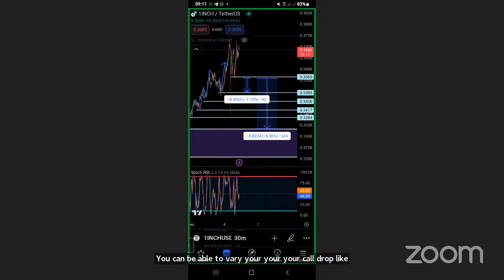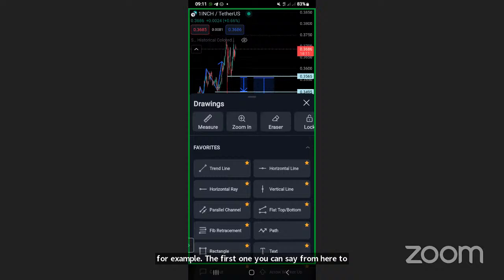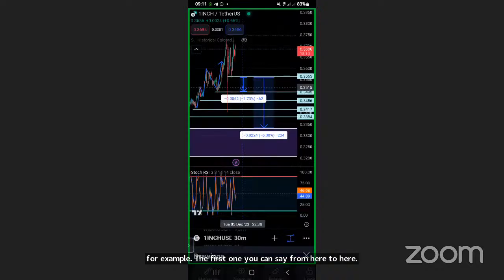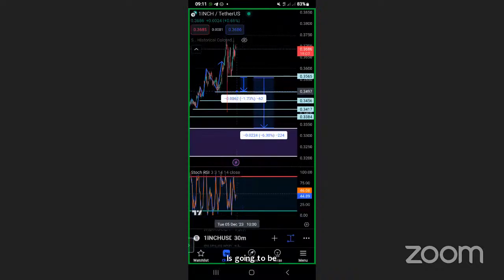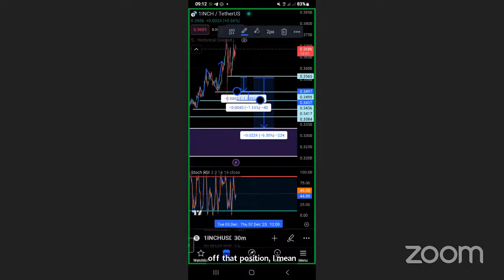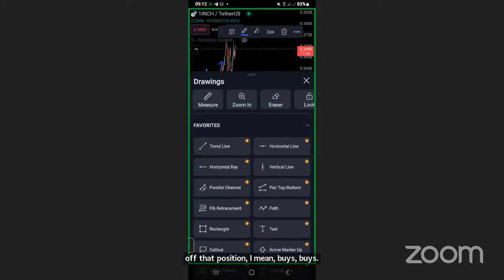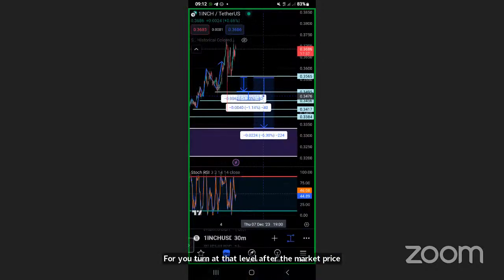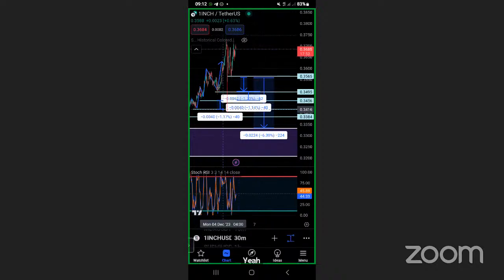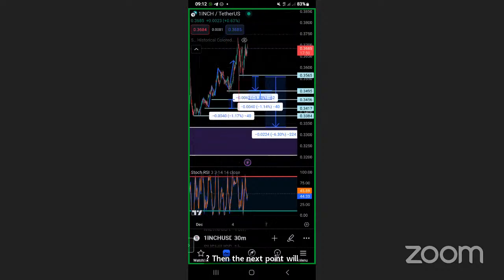Then if the robot buys at that level after the price drops, you measure the second, the next point, 1.4. Then from this point to the next, this is another 1.17.